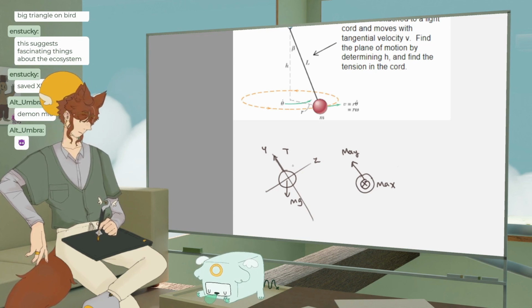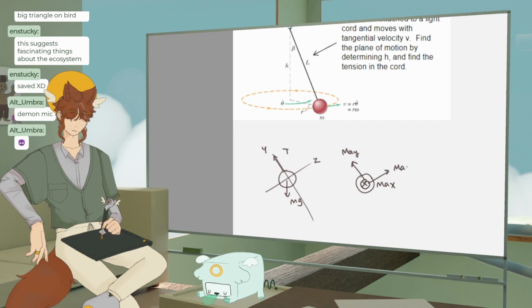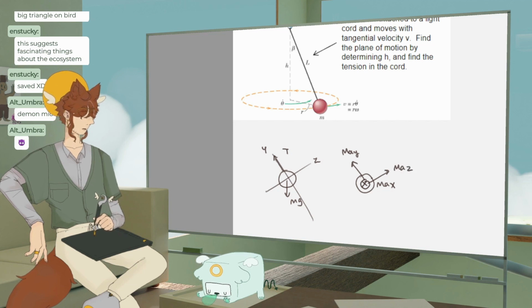Okay, this might be kind of hard to do. I know MAZ equals 0.